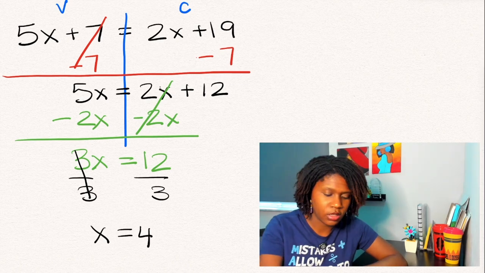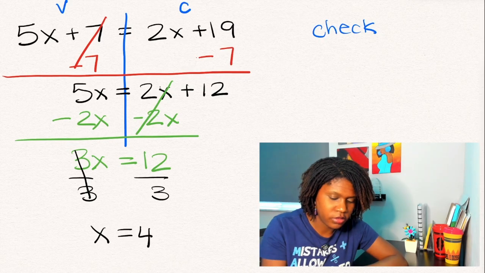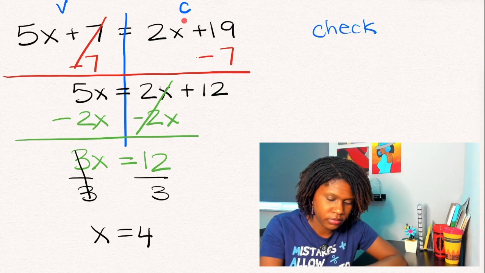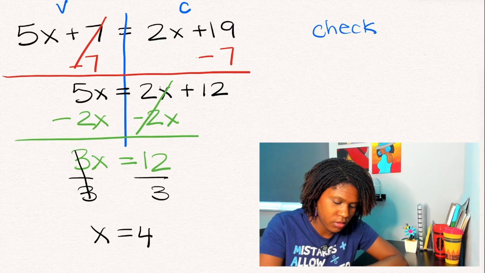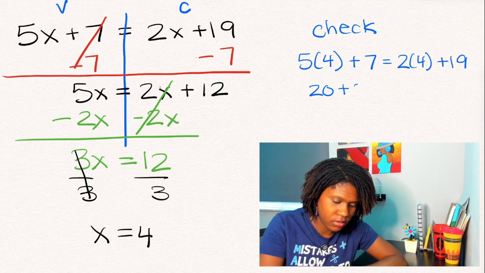Now it's time to check. In our original equation, we had an x here and here. So 5 times 4 plus 7 is equal to 2 times 4 plus 19. 5 times 4 is 20 plus 7.